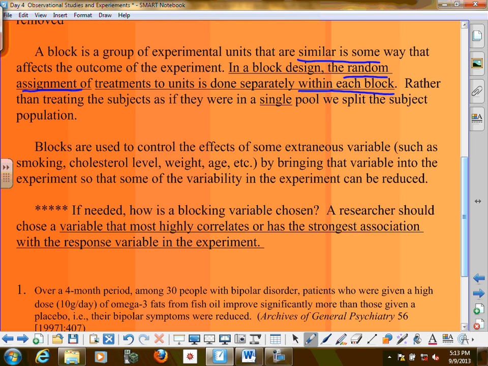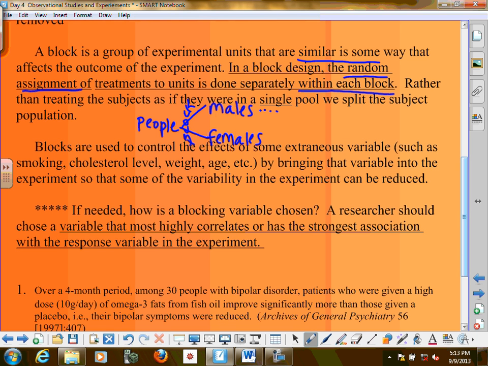So if I think gender affects it, then I will block into males and block into females. So these are blocks.